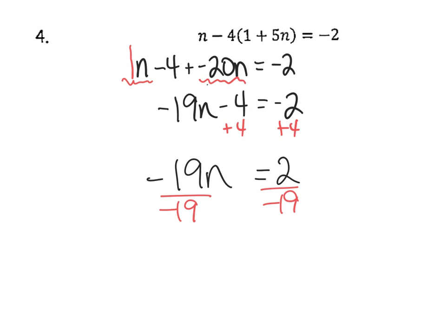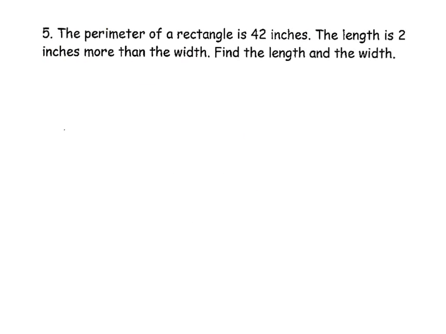Divide by negative 19, both sides. Can't do anything. Leave it, right? Negative 2/19. All right.